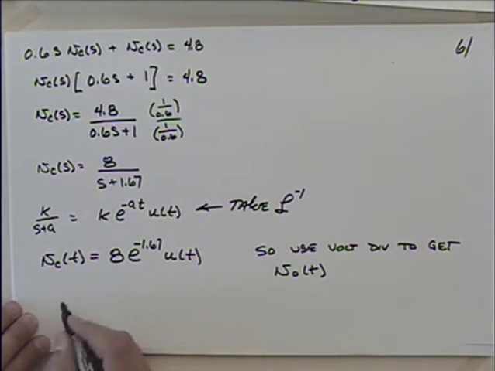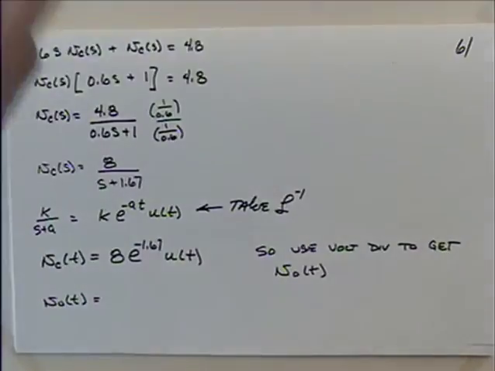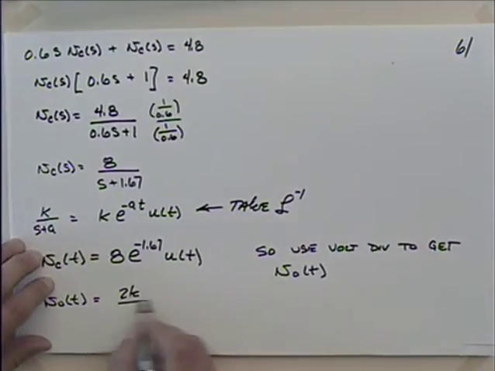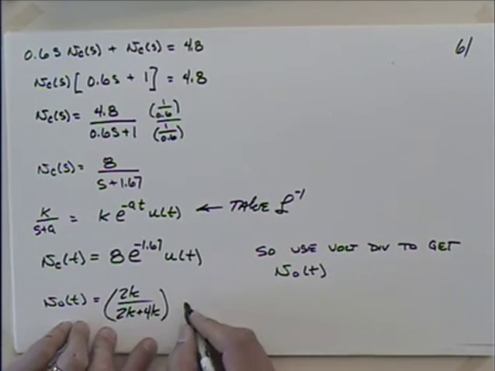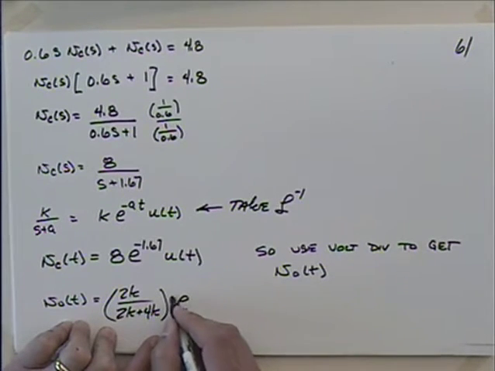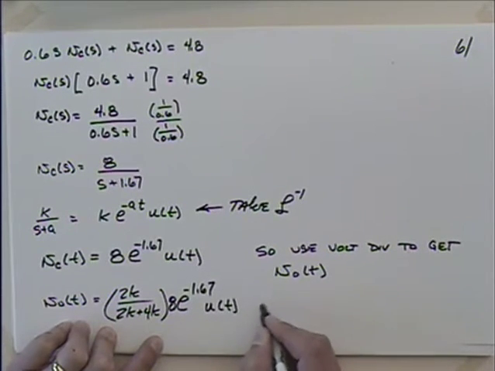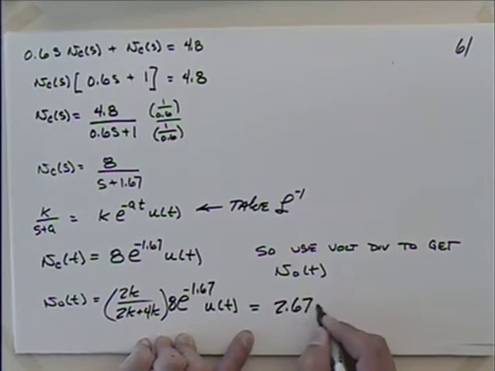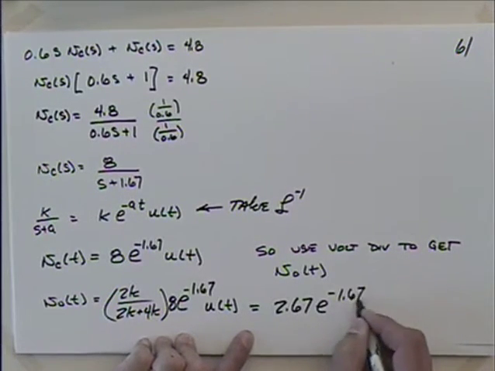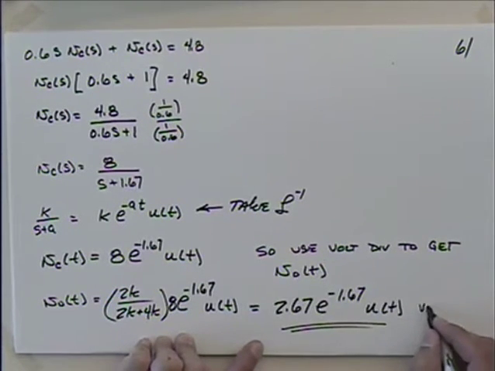So I can take this v naught of t is equal to, what do we have, 2k divided by 2k plus 4k times 8 e to the minus 1.67 t u of t, which is going to give me 2.67 e to the minus 1.67 t u of t. That'll be volts.